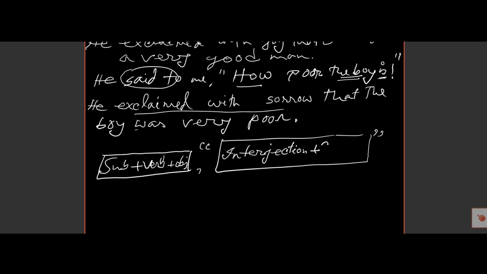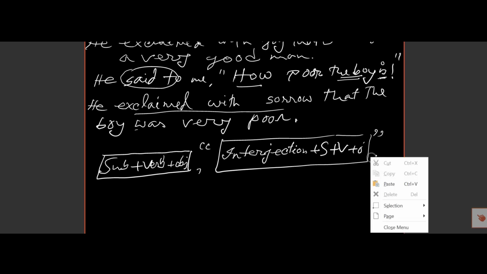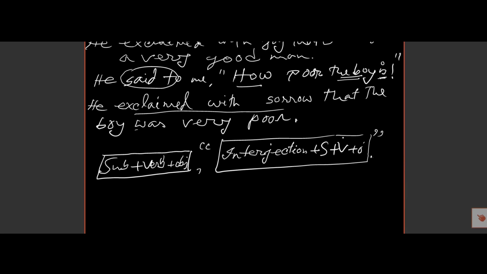Interjection, then subject, then verb, then object. And there will be a full stop. So this is the exclamatory sentence also in the direct speech, and the reported speech is now in the exclamatory sentence.